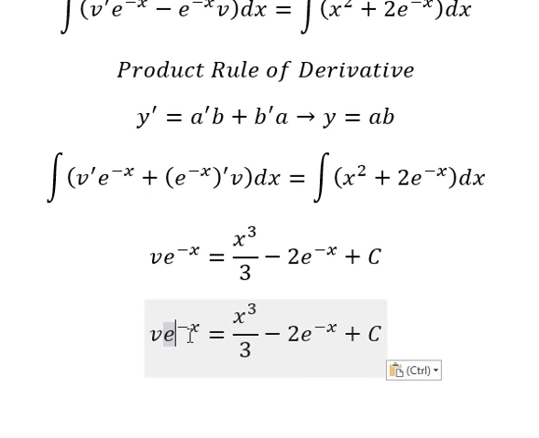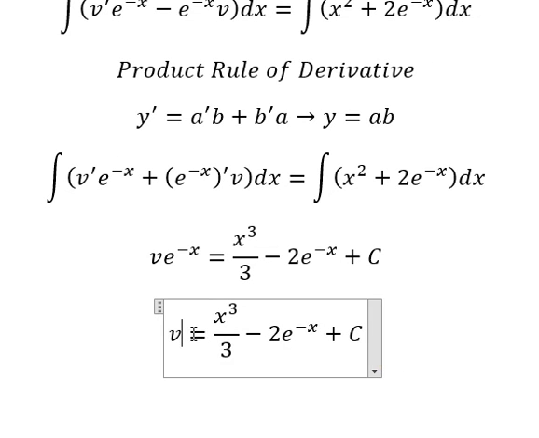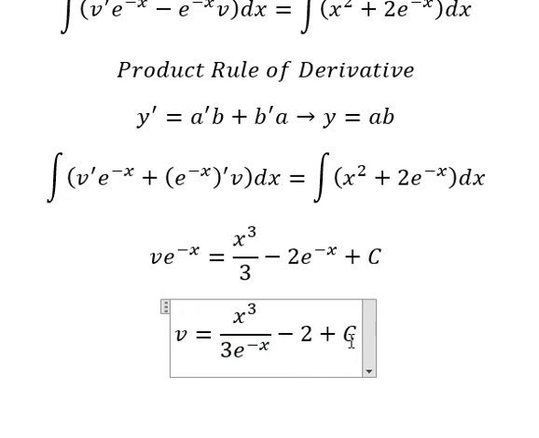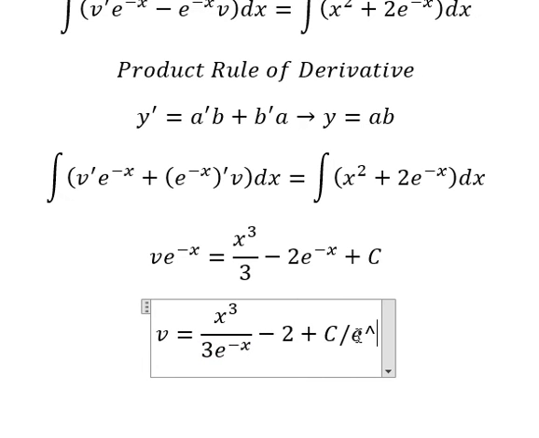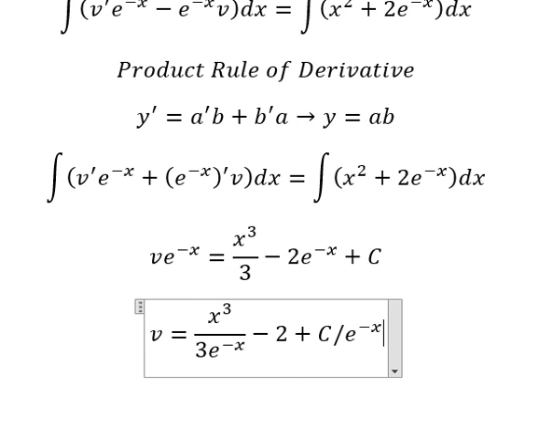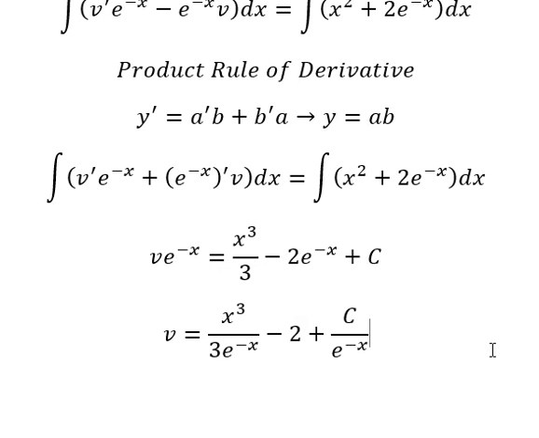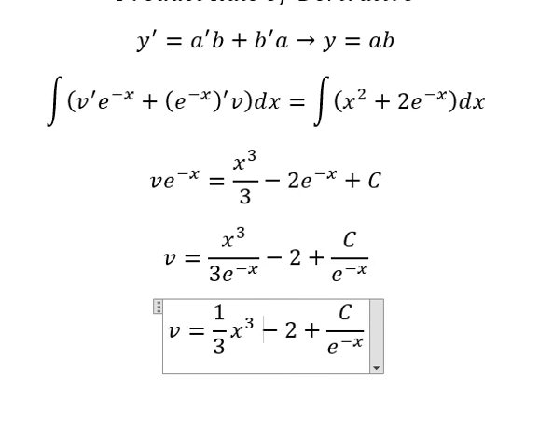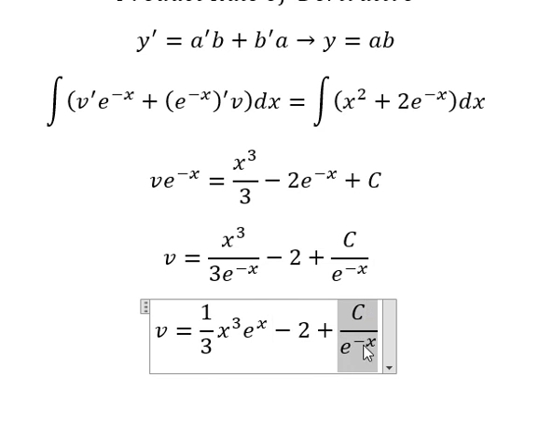Later we divide both sides by this one. So 1 divided by e to the power of negative s, we can put like this. Similar for this one.